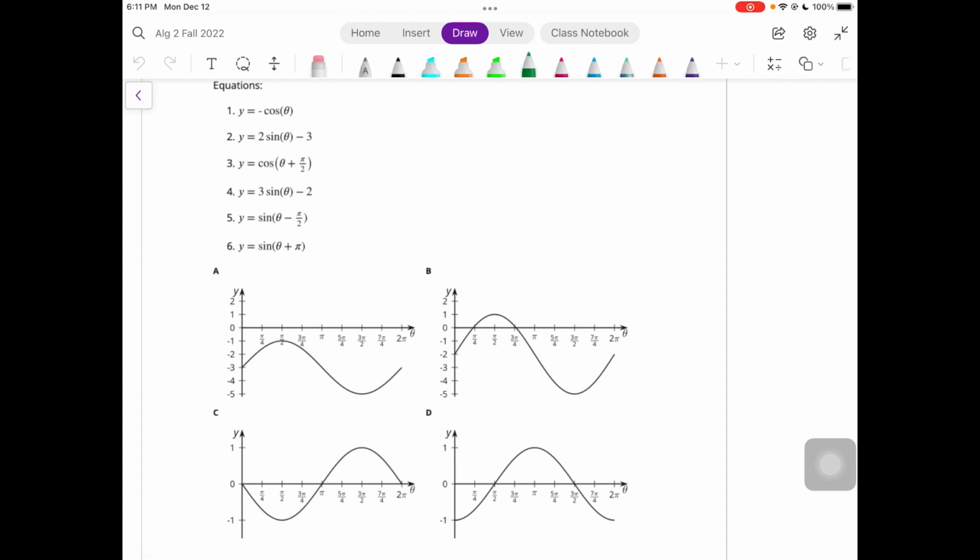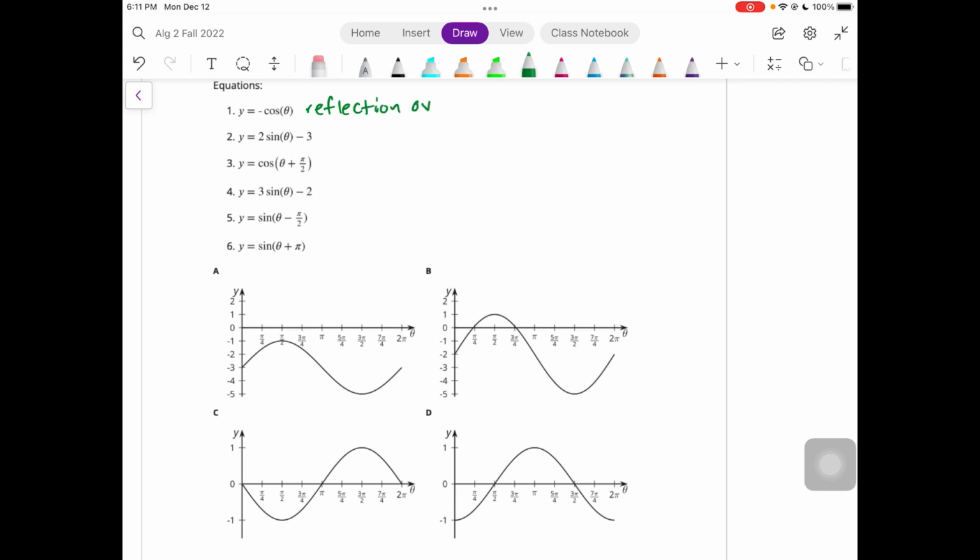All right, so the first one is y equals negative cosine of theta. So notice that there is no horizontal or vertical translation here. The only thing that's happening is a reflection over the x-axis, right?